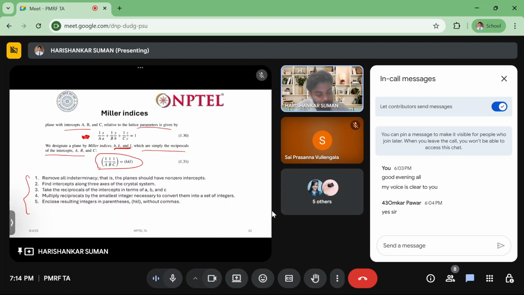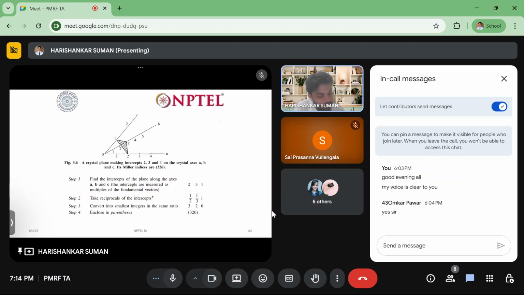First, find the intercepts along the three axes of the crystal system. Take the reciprocal of these intercepts in terms of a, b, c. Multiply the reciprocals by the smallest integer necessary to convert them into a set of integers. Enclose the resulting integers in parentheses HKL without commas. Without commas.